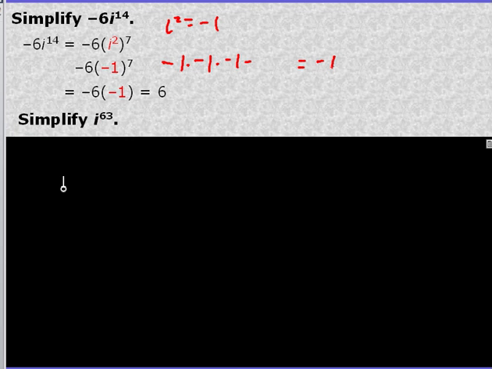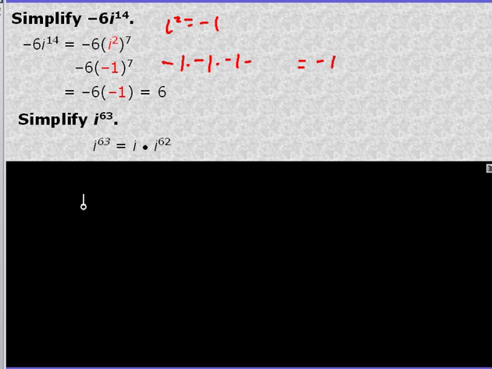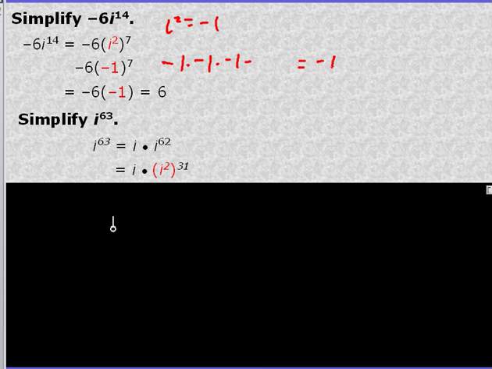Simplify i to the 63rd power. So it's i times i to the 62nd power. Does that help? Which is i squared. So you want to get it to an even power so you can rewrite it in terms of i squared. So it's i squared to the 31st power. So this is going to be negative 1 to the 31st. If this is an odd number, we're going to end up being negative 1.